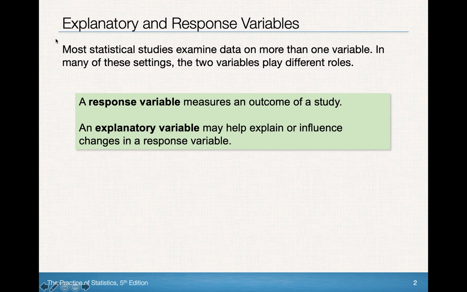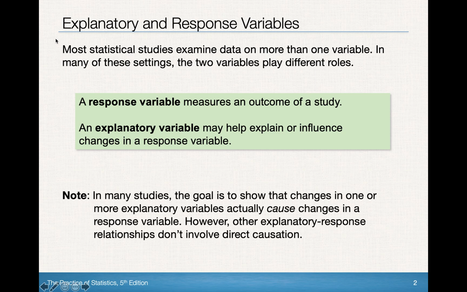You can think of this as the explanatory being the x-axis, and the response variable being the y-axis. So the explanatory variable is like the input into a function, and the response variable is just the output, the y. But in this case, we're talking about actual context. So we have two quantitative variables, one trying to explain the other.